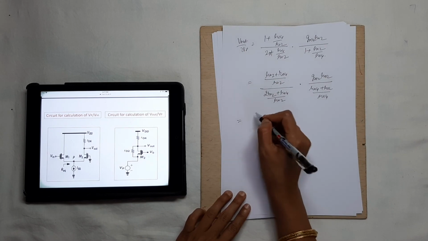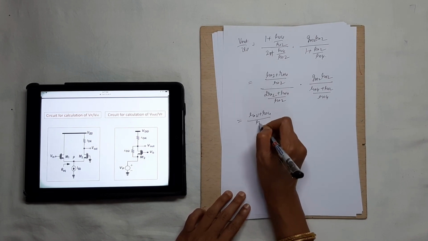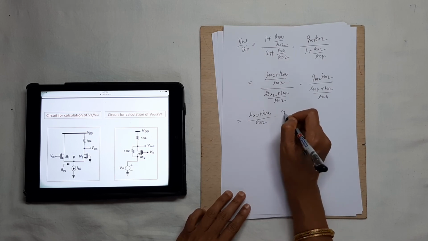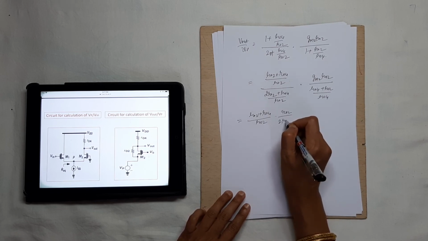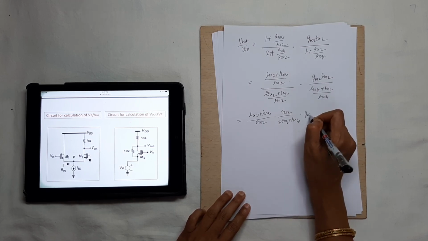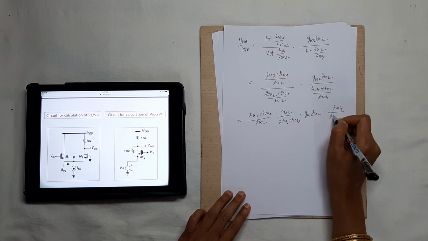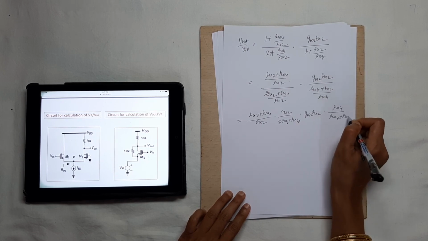This is equal to (RO2 plus RO4) by RO2 multiplied by RO2 divided by (2RO2 plus RO4), multiplied by Gm2 RO2 multiplied by RO4 divided by (RO4 plus RO2).